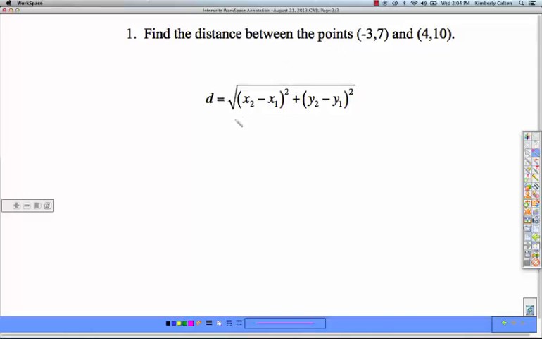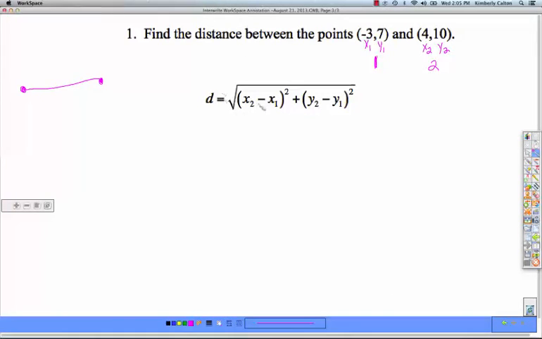We are going to obviously need 2 points here because anytime we're going to find the distance, we need 1 point and 2 points to find the distance between them. So, for example, this is point 1. Every point has an x1 value and a y1 value, and this one has an x2 value and a y2 value because it's the second point.